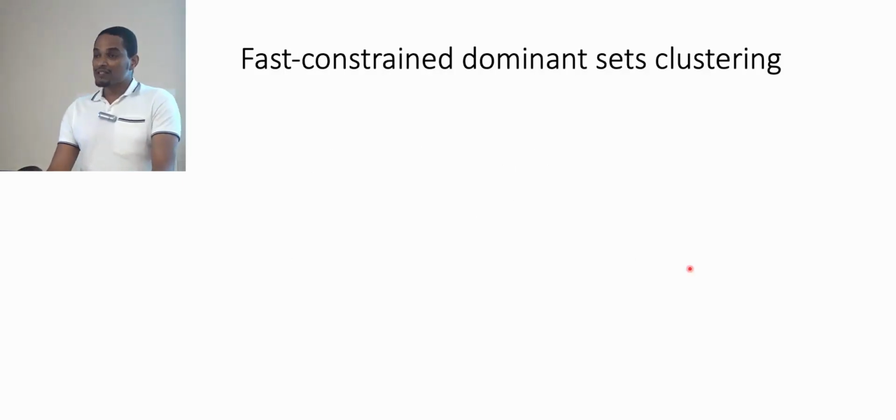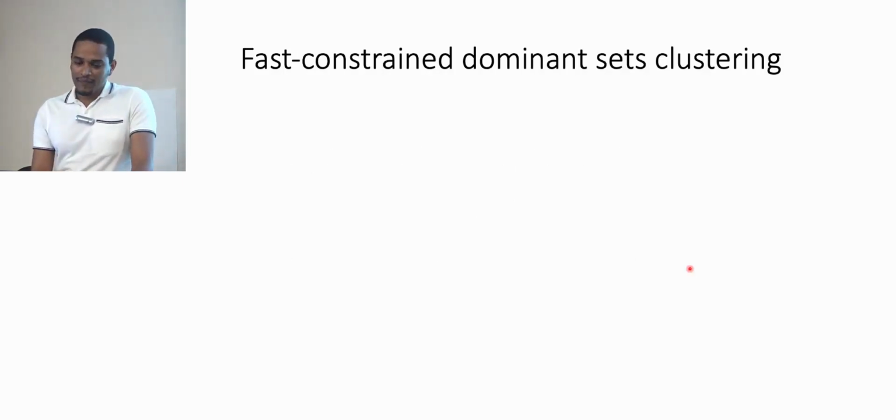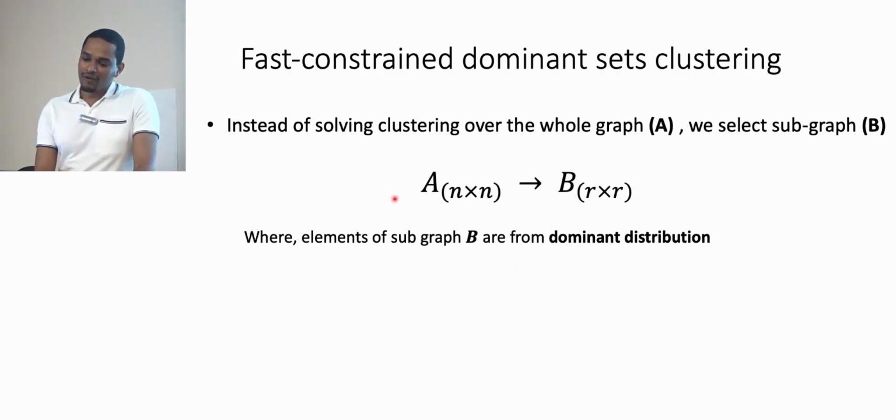So we propose this faster version of the constrained dominant set. The idea behind it is that rather than solving the clustering problem over the whole graph, let's select a subgraph B such that the solution from the subgraph B is still a valid solution over the bigger graph. That's the bigger constraint. We can achieve that if we are able to select a subgraph from the dominant distribution.